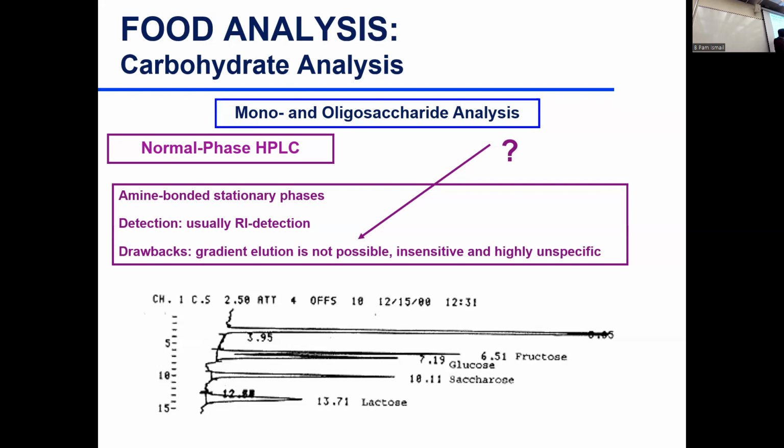Yes, so if we're changing the gradient, we're also changing the refractive index, and that will interfere when your actual sugars are coming out of the column. It will be hard for detection. Also, refractive index is not very sensitive, you need high concentrations, and it's also not specific. It's mostly a universal detector.